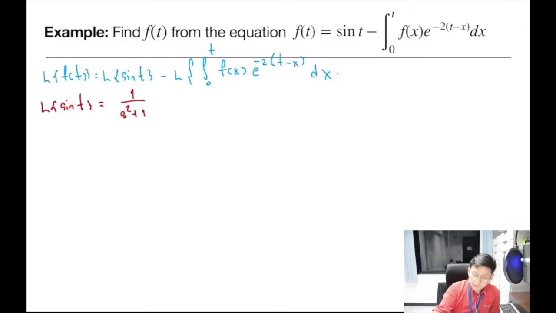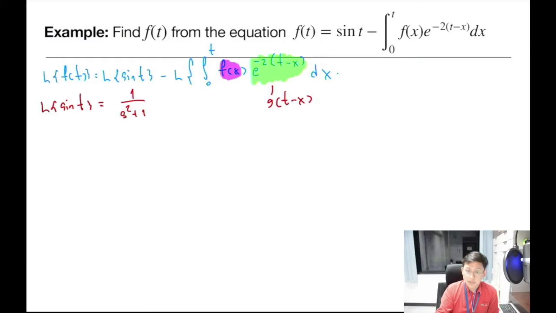And for this Laplace transform, we need to use the convolution. Here it would be f(x), and this guy needs to be g(t minus x).